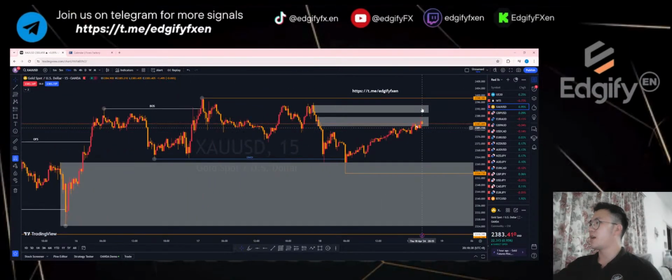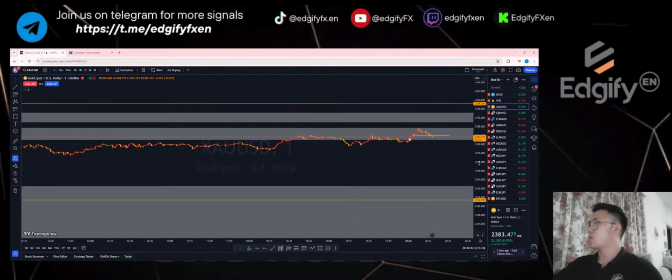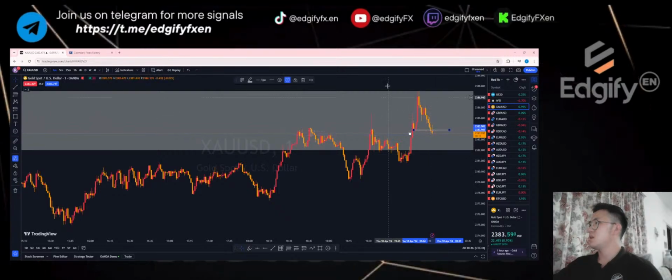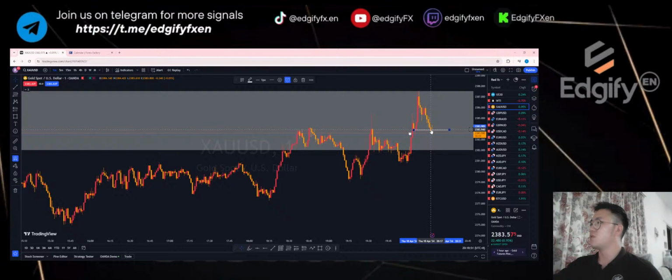So that is why I have these two supply levels where I'm looking for sells. I will hop on to my 1 minute, which is this level here. It's an aggressive entry for gold.